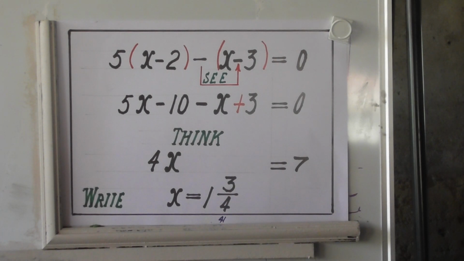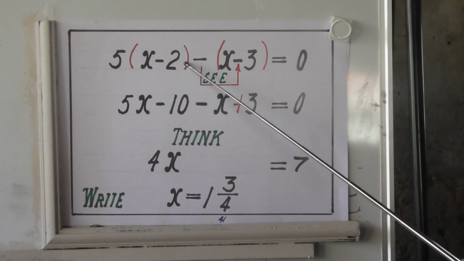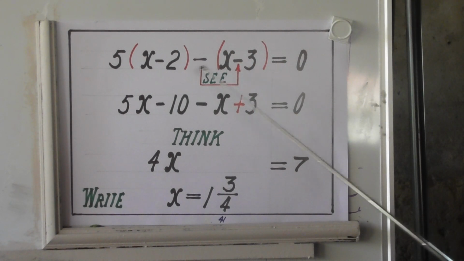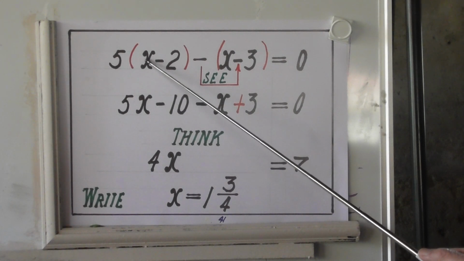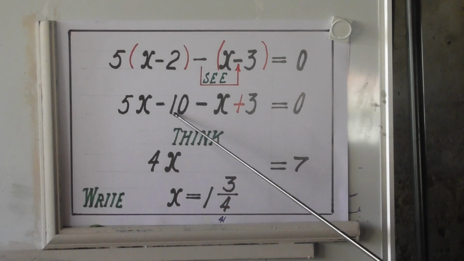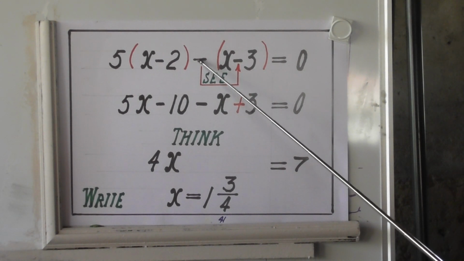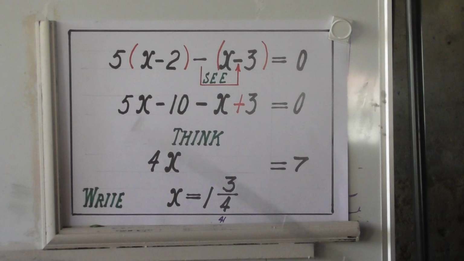You know why? It's not good to learn a rule if you don't see the parts. I teach you to see. The first thing is see before you do anything else. You say the signs are negative. So 5x negative 10 negative x positive 3, and that's where it always goes wrong.